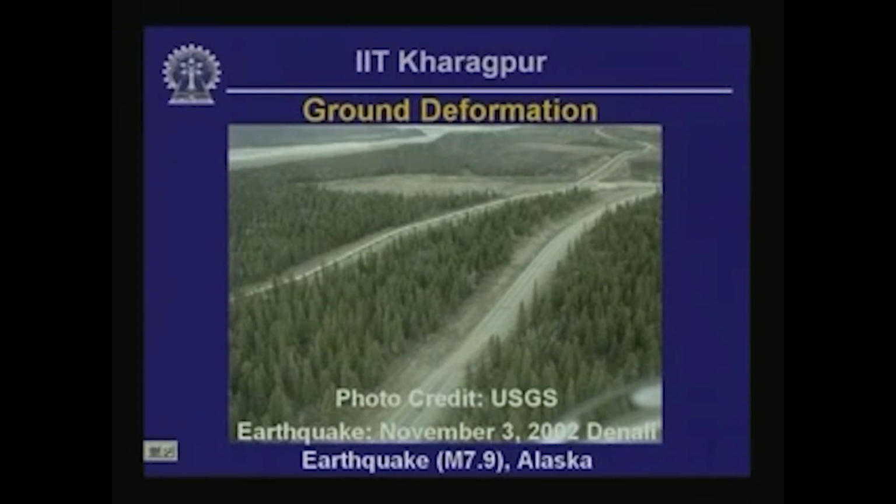This highway is called the Richardson Highway, and you can see near the bottom center of this photograph the highway has been damaged, and that damage is because of the right lateral fault movement. At this location the fault movement was approximately 2.5 meters, and you can see towards the left of this highway is the Alaska pipeline.